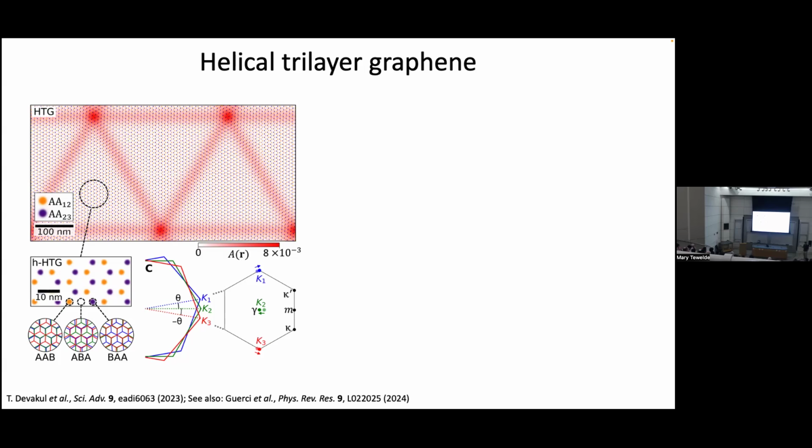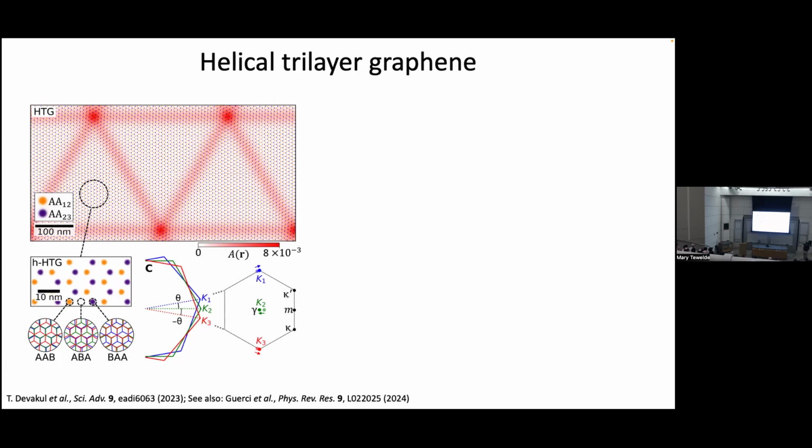And so it turns out that locally, what can happen is the atoms in this trilayer system can slightly shift so that effectively the K2 point, the states in the middle layer, shift to the midpoint between the states in the outer two layers. And what this corresponds to then is a single moiré periodicity.